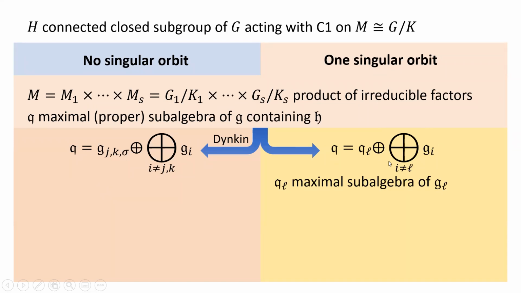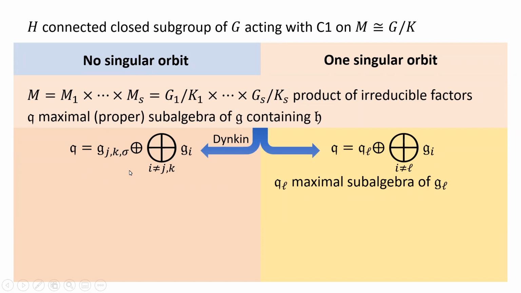The type on the right is one of the types you could expect. Q splitting nicely with respect to the decomposition of G into simple factors. Recall the Gi are the simple factors of G. Okay, and this QL lies in the simple factor GL and it's a maximal subalgebra there.